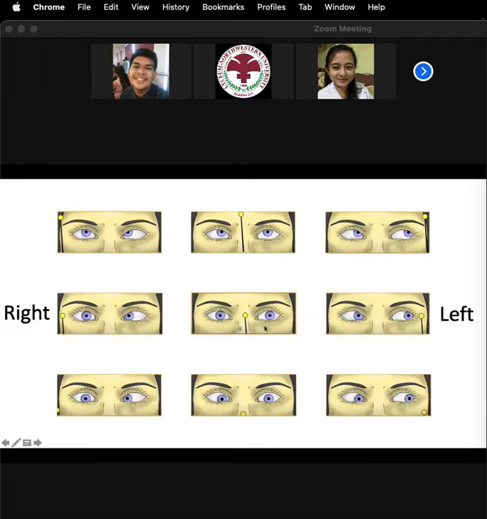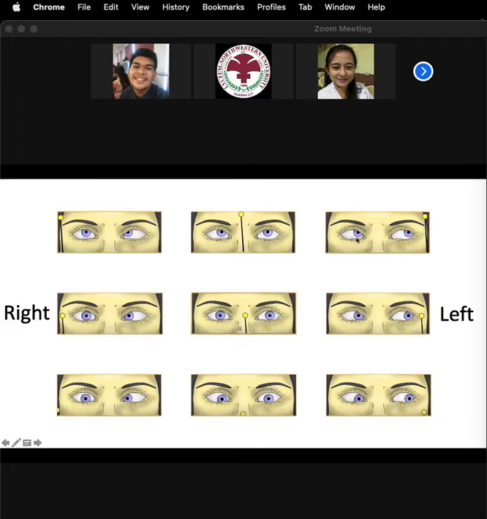These are your 9 positions. Okay, so first, you ask the patient to look in front. Do you see any abnormality? Wala. So, ask the patient to look up. From normal, look up. Normal. To the right, parang hindi, doesn't look normal. Tapos to the left, okay lang. Now you check your oblique movements. Upper right, still parang there's something wrong.